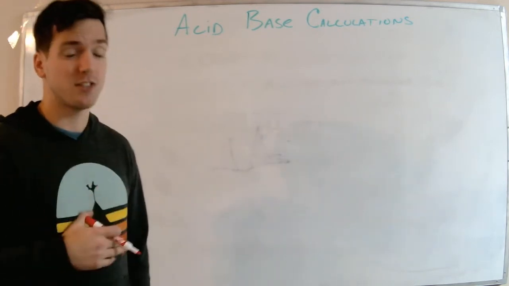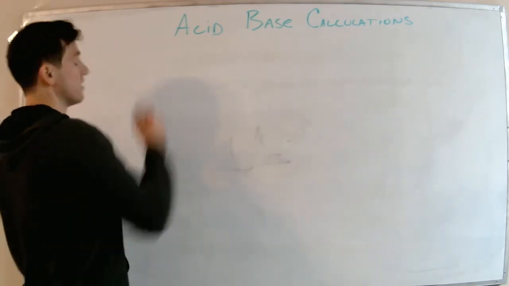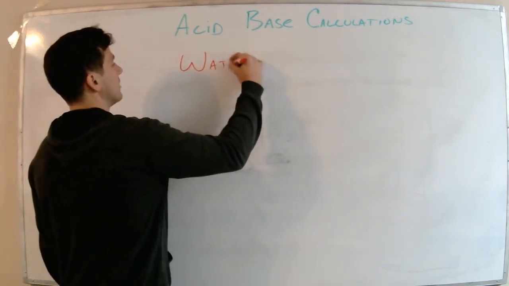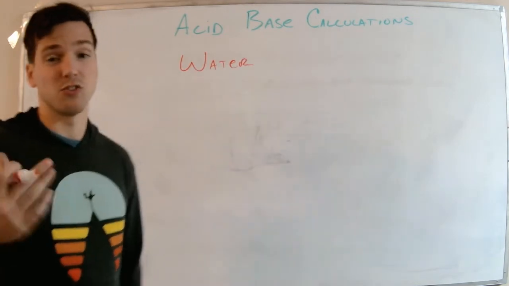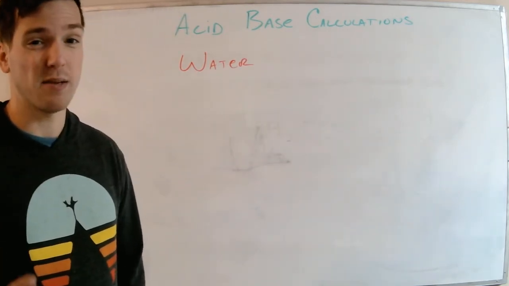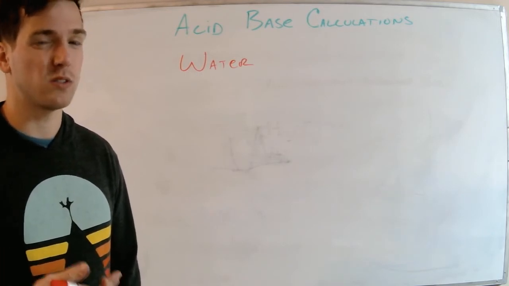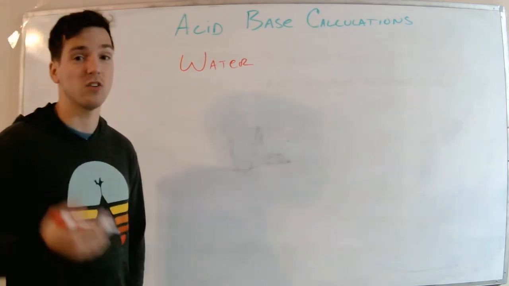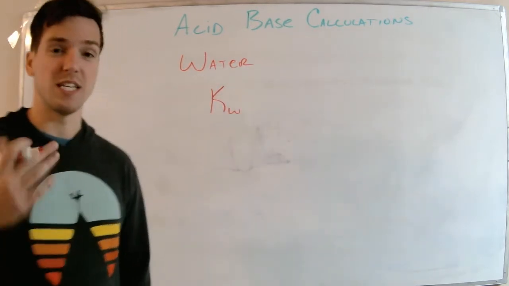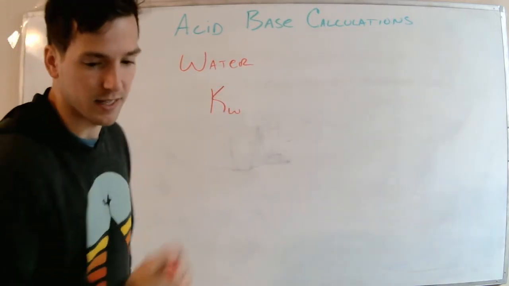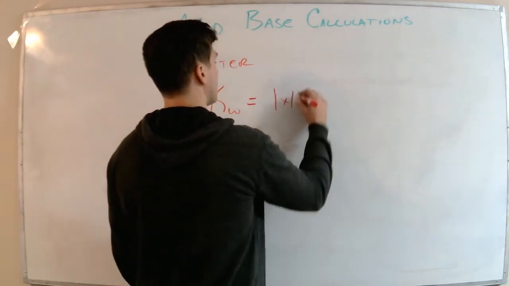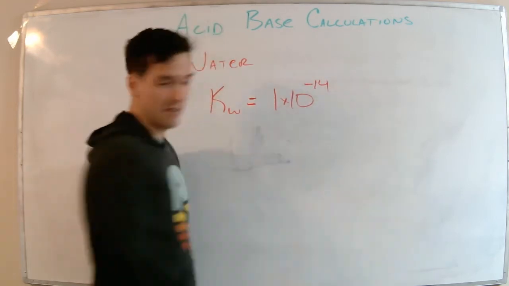The first thing you have to know about is water. Water is neutral. It also has its own Ka or Kb, but it's not called Ka or Kb, it is called Kw. So it has its own equilibrium constant, and the equilibrium constant Kw is 1 times 10 to the negative 14th.